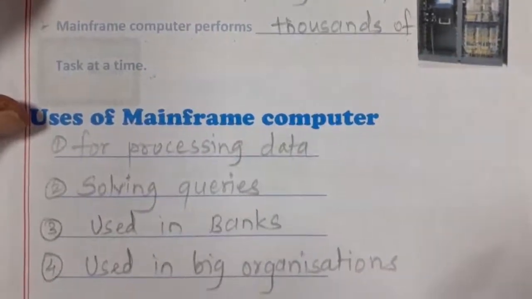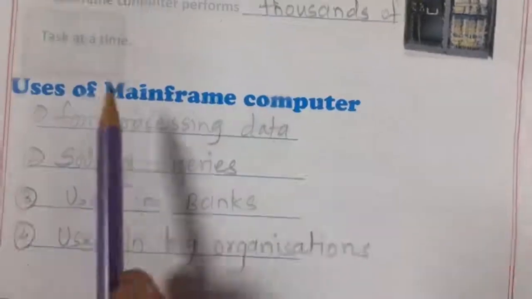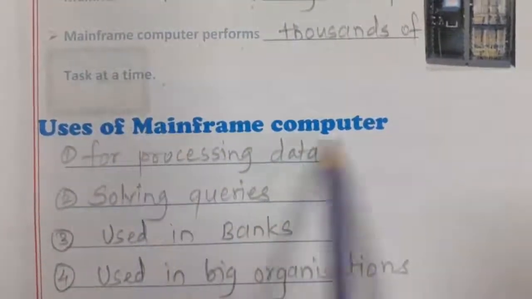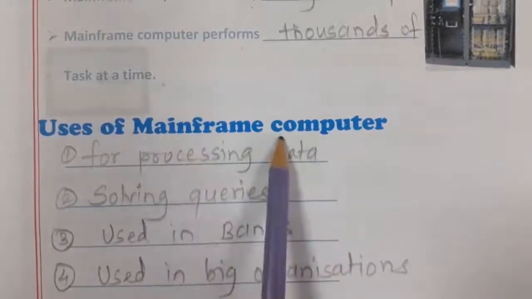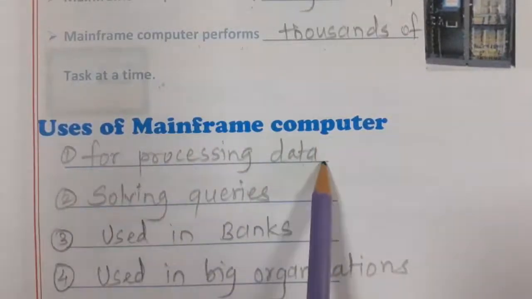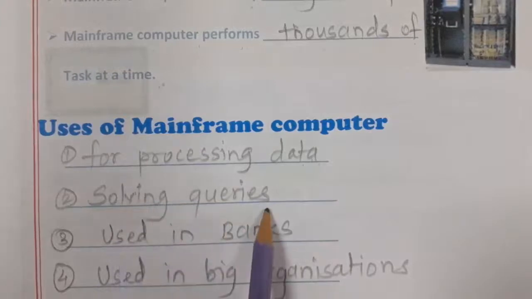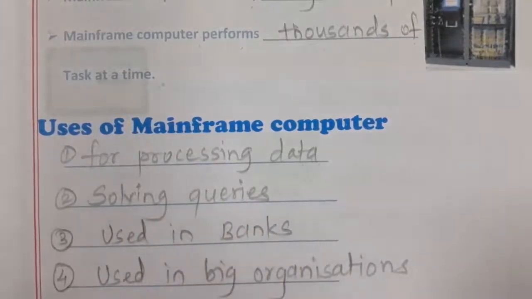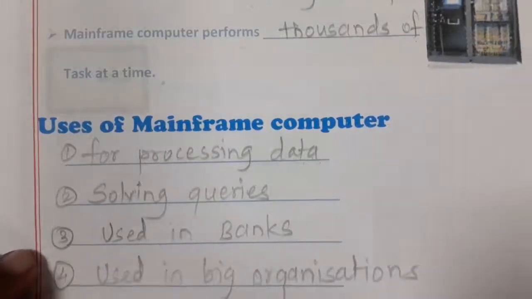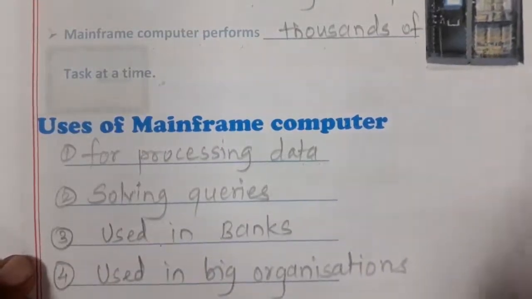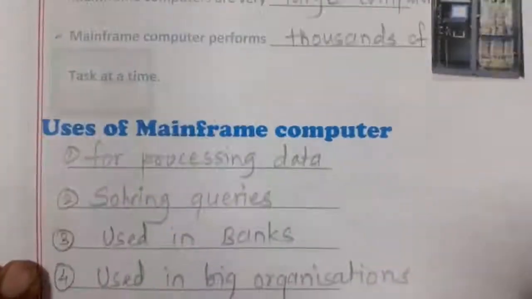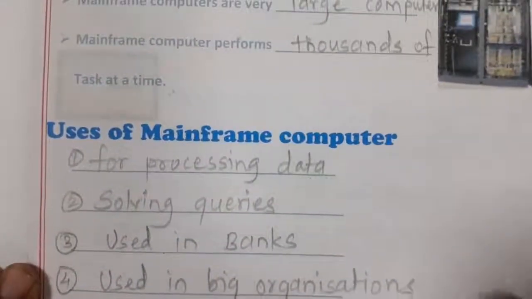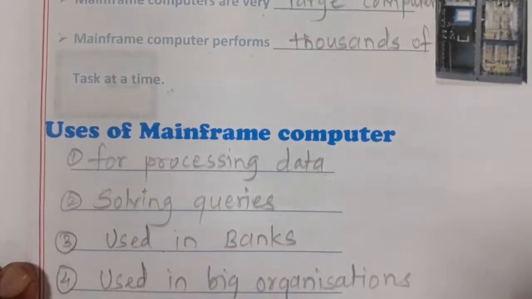So these are the four uses of mainframe computer. Mainframe computers are used for processing data, solving queries, in banks, and in big organizations. So this is the use of mainframe computers. Understand? Very good.